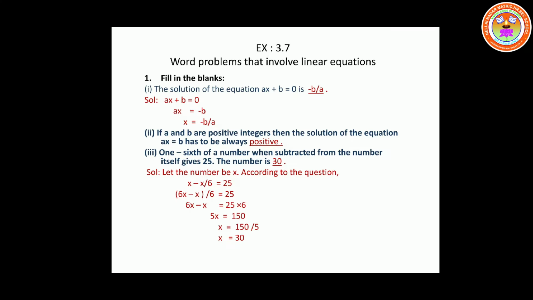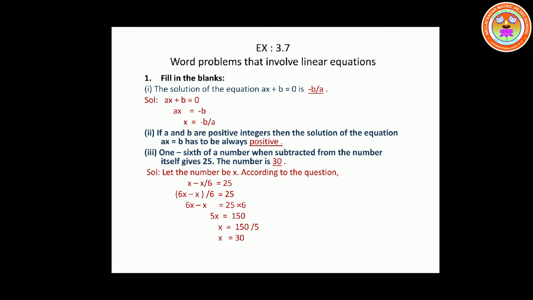And what is the question? 1/6 of a number when subtracted from the number itself gives 25. Here I have taken the number as x. 1/6 of the number is 1 by 6 x, which can be written as x by 6.